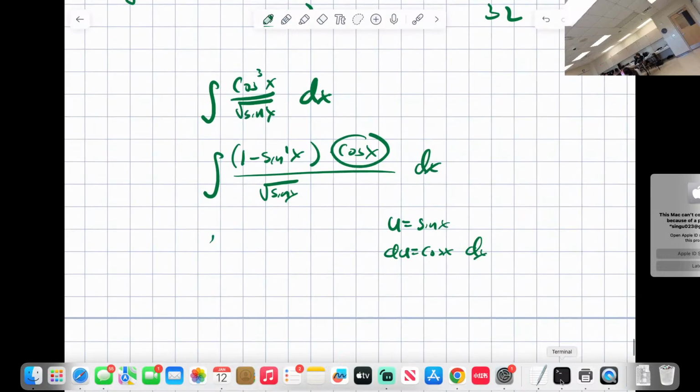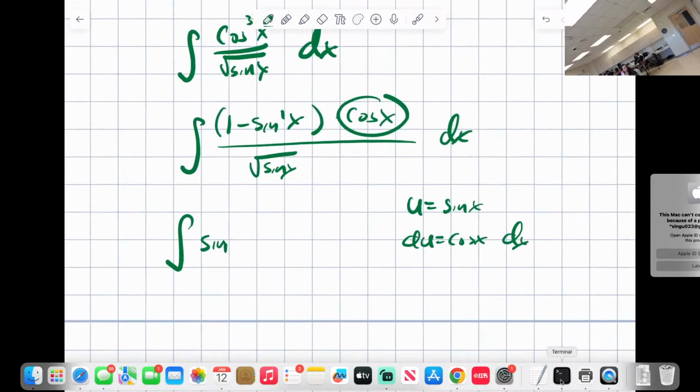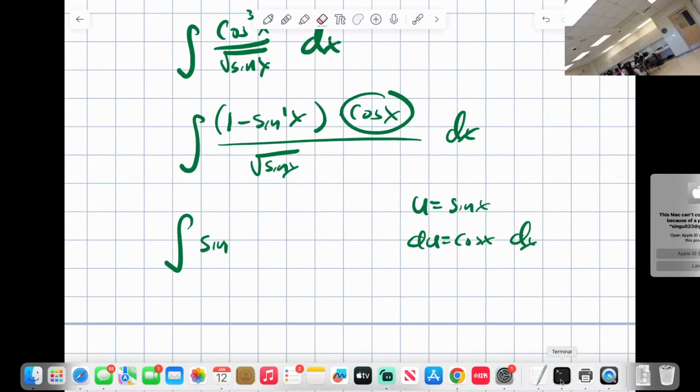And then this one just has to split, so this is going to be u to the negative 1/2 minus u to the 3/2, I think, du, right?